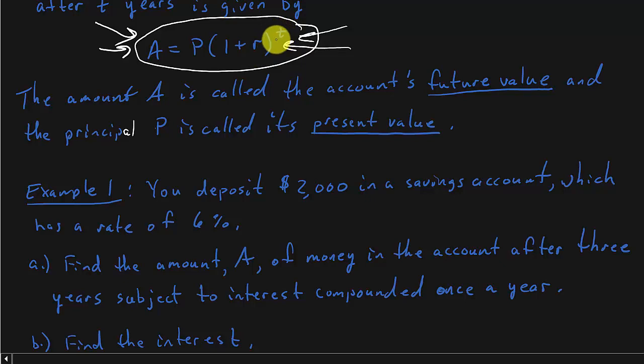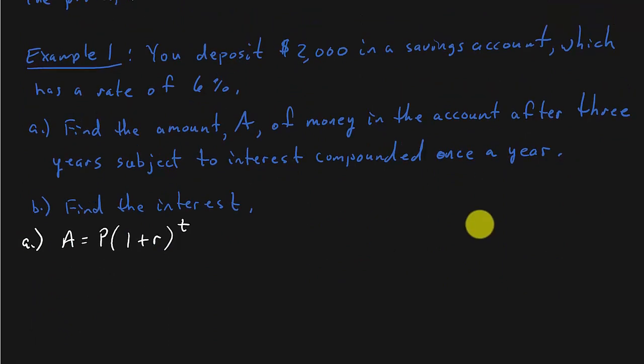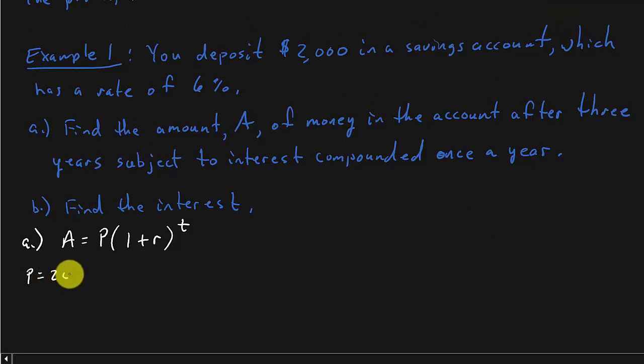T represents the number of years. So let's see what we've got. The principal P is 2,000.